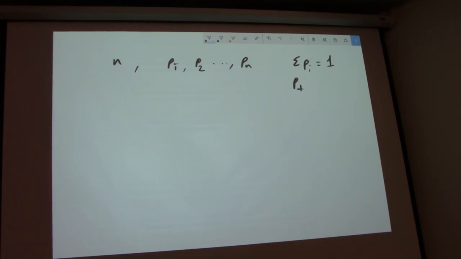Let's call p star the minimum of the pi. Then the expected number of trials will roughly depend on the lowest frequency.